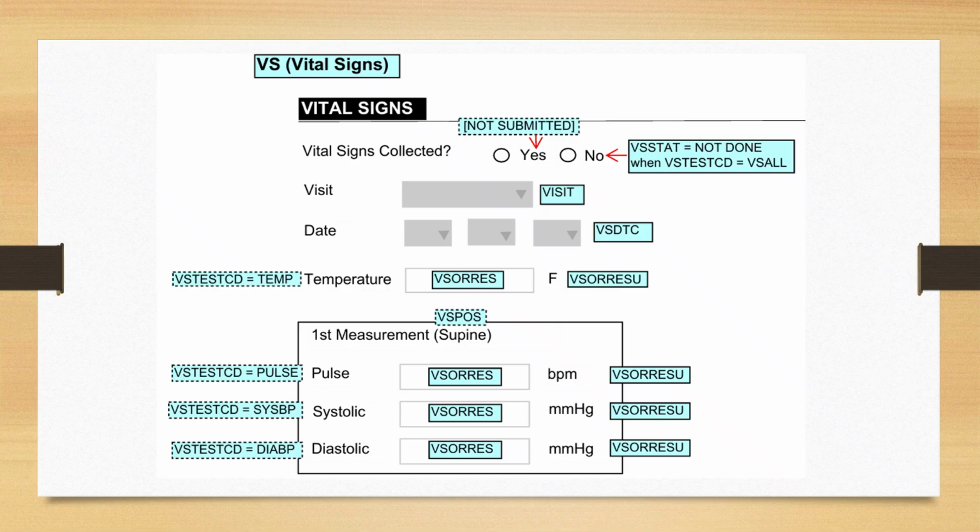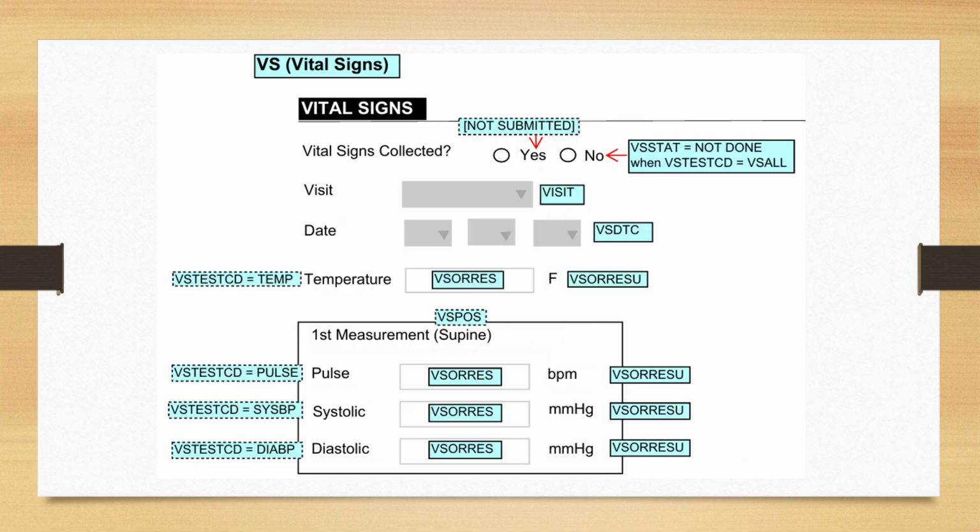But in case the vital signs are collected, we will populate the visit from the visit form of this questionnaire. The date will have the information of VSDTC, and we have the temperature parameter for vital signs being populated where the VSTESTCD will be TEMP and the collected result will go in the VSORRES, and for the temperature test we have the VSORRESU as Fahrenheit.